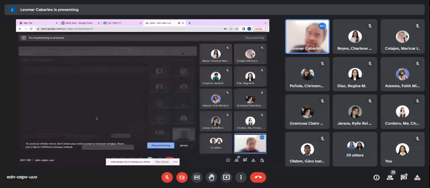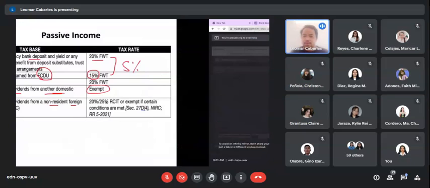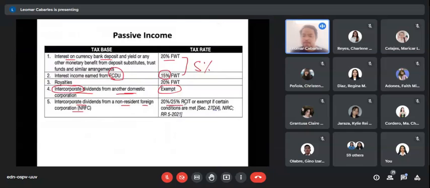They're residents of US and South Korea. No? So 1 million pesos ang na-receive ni Jollibee, no? From the non-resident corporation. So ano ang taxation nun? In general, that is subject to the 20 or 25% regular corporate income tax.